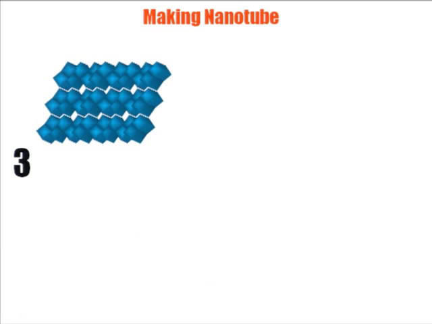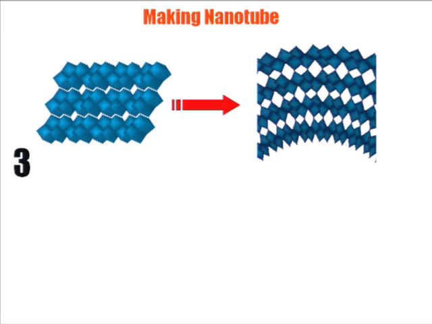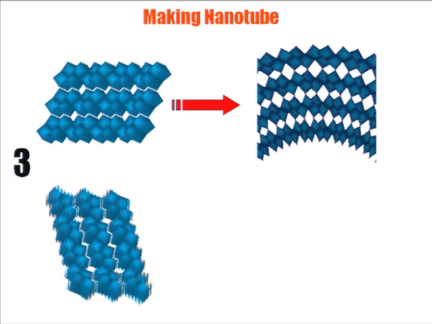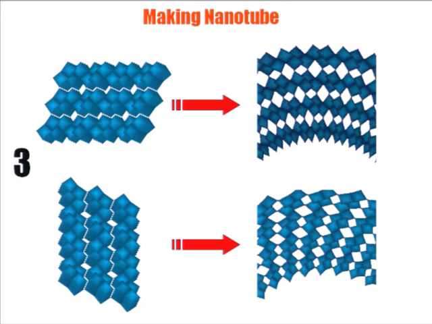So the third way, from the obvious ones, would be just to take a slab of the structure and bend it. It can be done like this, or it can be done this way, and we need to bend it in such a way that the average d-spacings along the circumference, and in all other directions for that matter, should be the same as in the bulk, since we didn't see any significant shifts in our experimental patterns compared to the bulk structure.